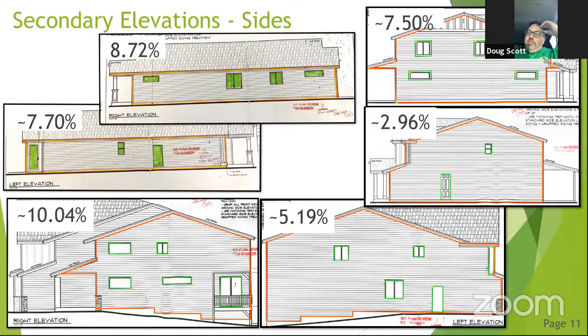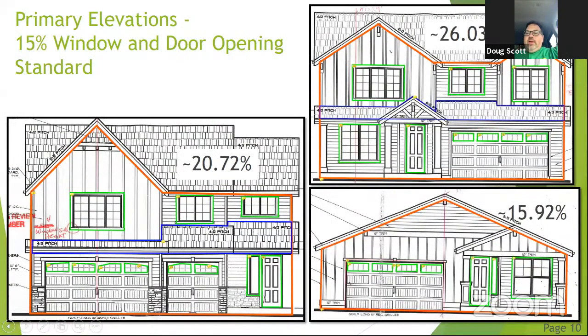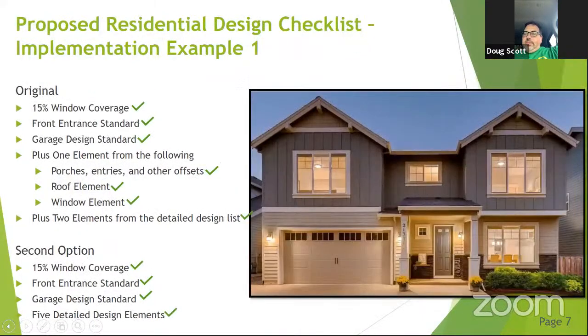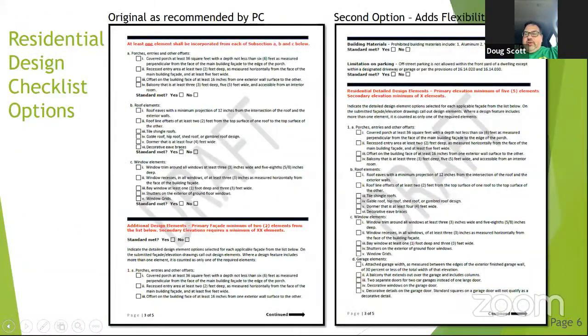So that actually brings up my suggestion. If you look at the list of elements that we're requiring on the front, obviously porches don't really apply. Roof elements don't apply beyond what is already going to be handled by the front. Garage obviously doesn't apply, unless that's the garage side. But the one thing that I would like to see required would be either trim or shutters.